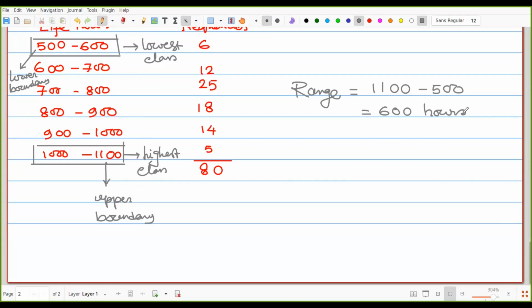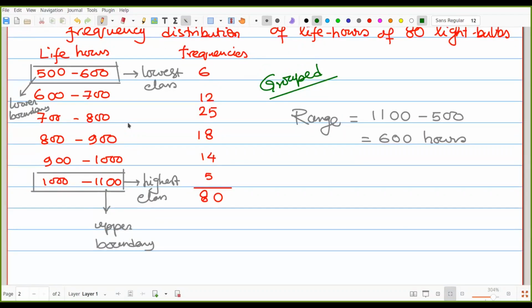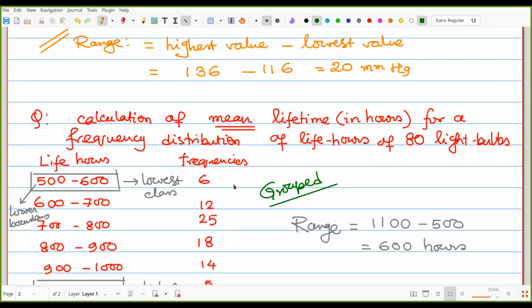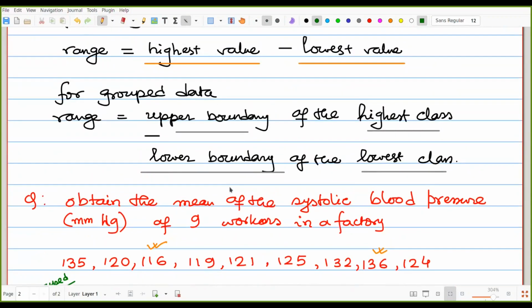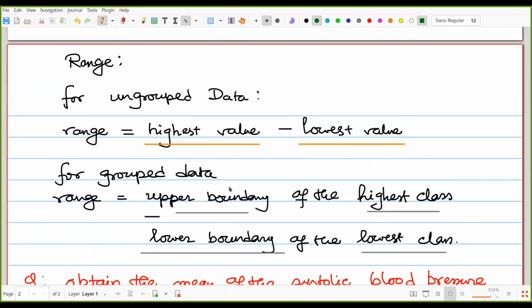That is for our grouped data, because the classes have been given. Range is easy to calculate for dispersion: highest value minus lowest value for ungrouped data, and for grouped data we find the upper boundary of the highest class minus the lower boundary of the lowest class.